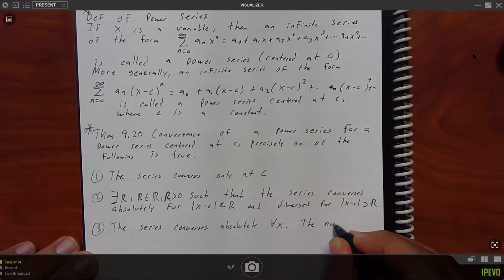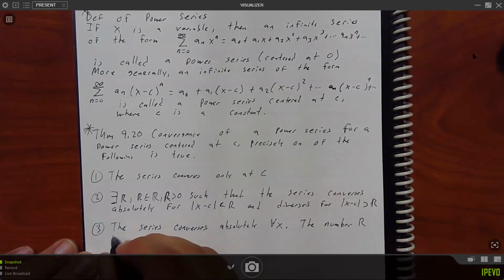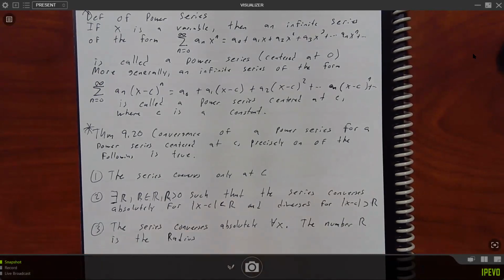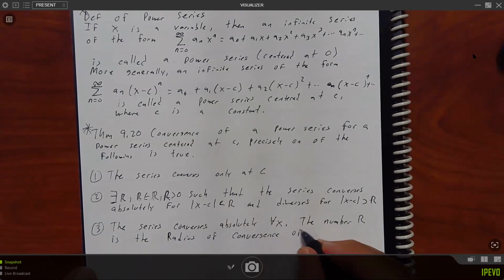The number R is the radius of convergence of the power series.